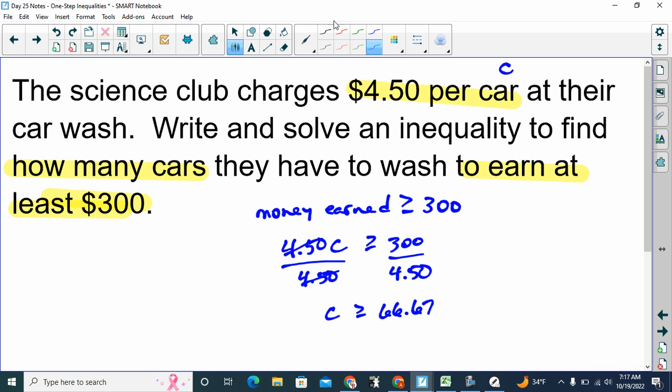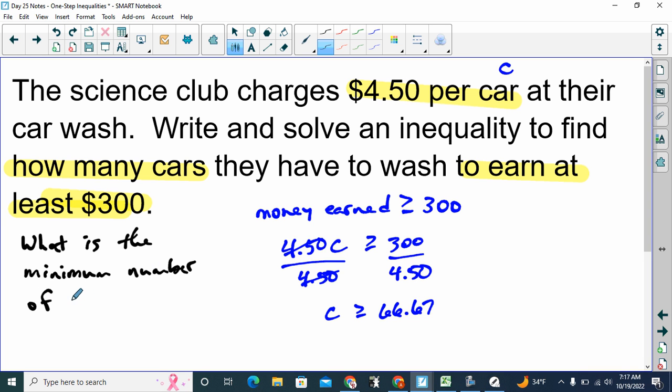So maybe a better question here in the problem would say, what is the minimum number of cars that they need to wash? What is the minimum number of cars to be washed? Usually we would round this to the nearest whole number.